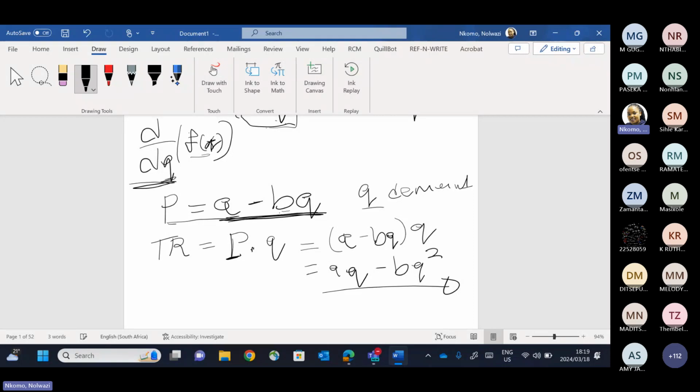First, we were given the demand function, right? From the demand function, what more information can we get?